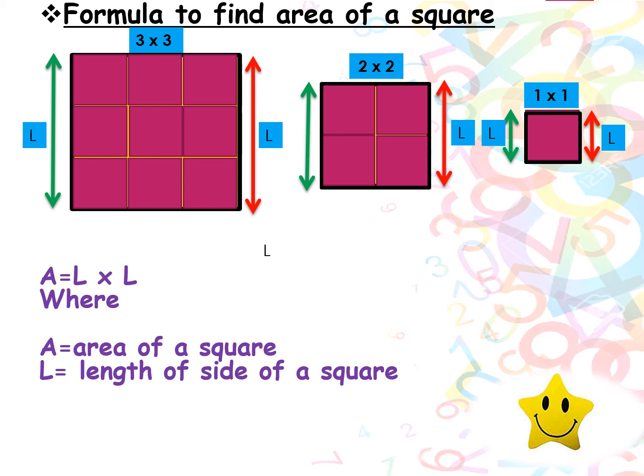So you can see 1 multiplied by 1, then 2 multiplied by 2, and last 3 multiplied by 3. So the formula of square comes to length multiplied by length. It means length of one side multiplied by another side of length. Both sides are equal, so we will be multiplying value of side by the same number.